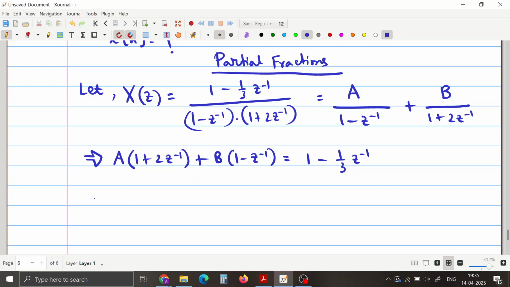In order to find A, let's put z equals to 1 in the above identity.